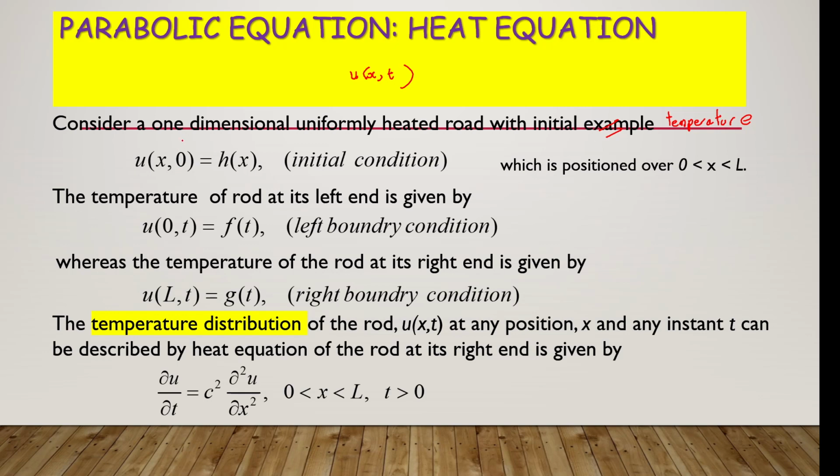Initial temperature is when t equals 0. That's why u(x,0) = h(x). So this is the initial temperature, and the heated rod is positioned in the interval from 0 up to x, with the rod of length L.